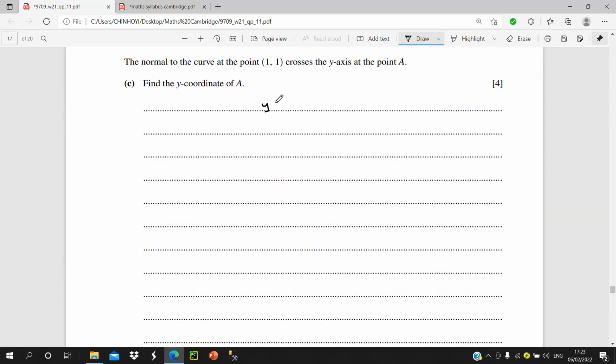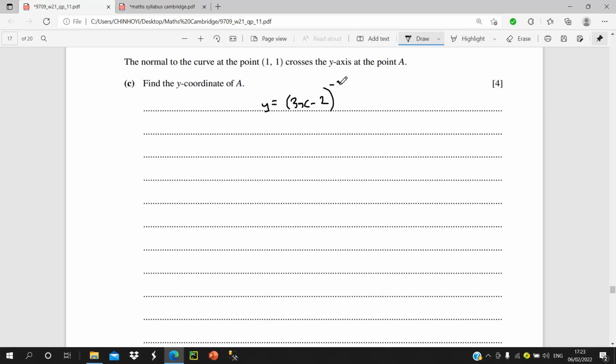So your y is equal to, if I take the power upwards, 3x minus 2 to the power of negative 3 over 2.